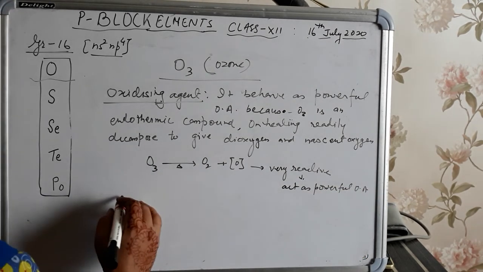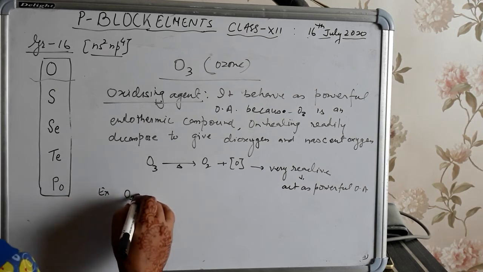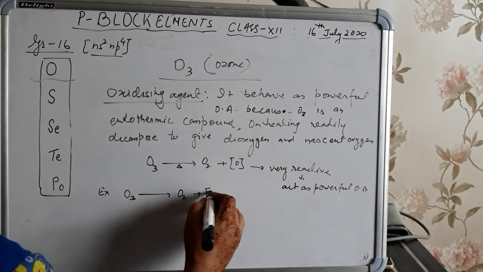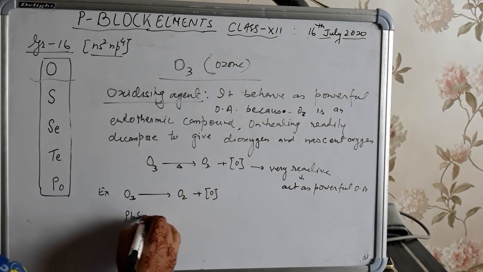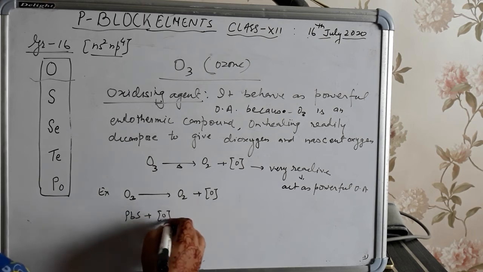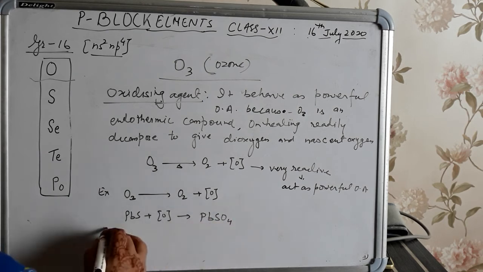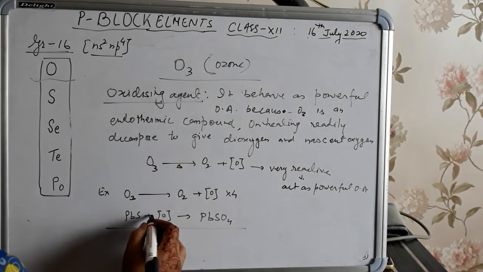Let's see an example. Ozone, when decomposed, forms O2 plus nascent oxygen, and lead sulfide takes this nascent oxygen and gets converted into PbSO4. Now balance this equation. This is 4 and this is also 4.